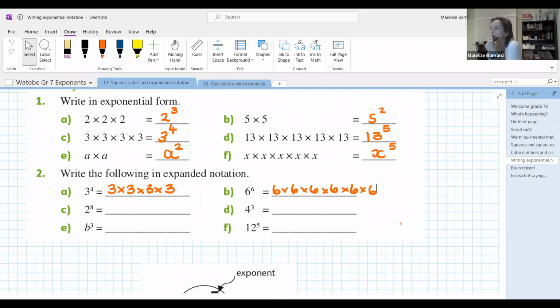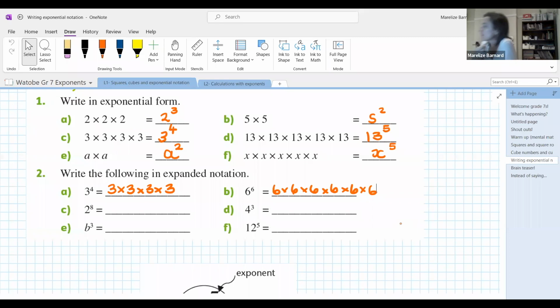Right, Dimple. Ma'am, if you say 5 times 5, it will be 5 to the power of 2.